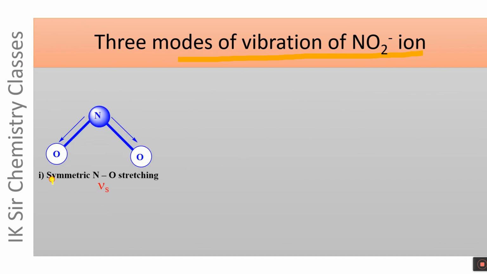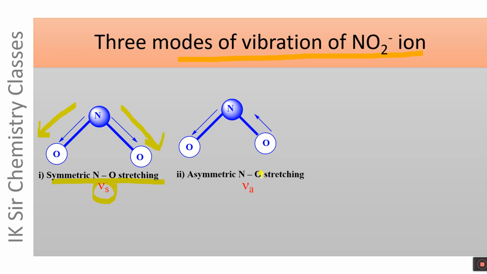This is symmetric nitrogen-oxygen stretching, in which both the nitrogen-oxygen bonds are undergoing expansion, and the frequency of symmetric NO stretching is represented by nu S. The other mode of vibration is asymmetric NO stretching, in which one NO bond undergoes expansion while the other NO bond undergoes compression, and it is denoted by nu A.